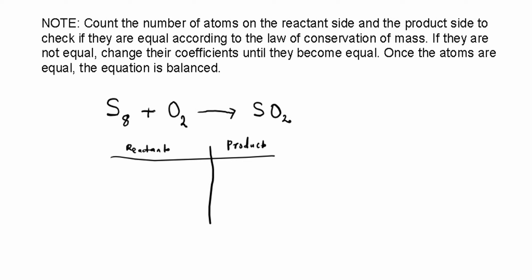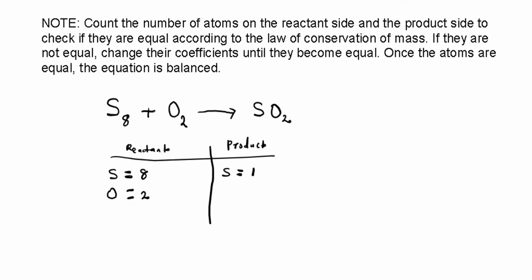Let's count. We have what? Sulfur. X. What is the atomic number? It is 8. We have oxygen. O. What is the atomic number? Now let's go to the product side. We have X. What is the atomic number?